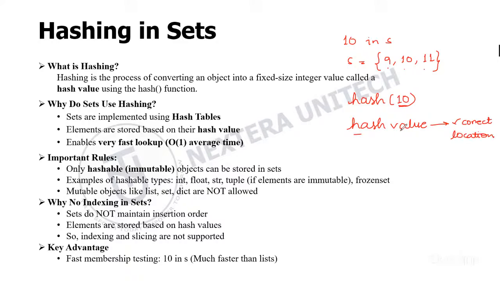Based on this hash value, it will directly check that location only, instead of checking all the locations, such that your time complexity will be O(1). That means constant time.